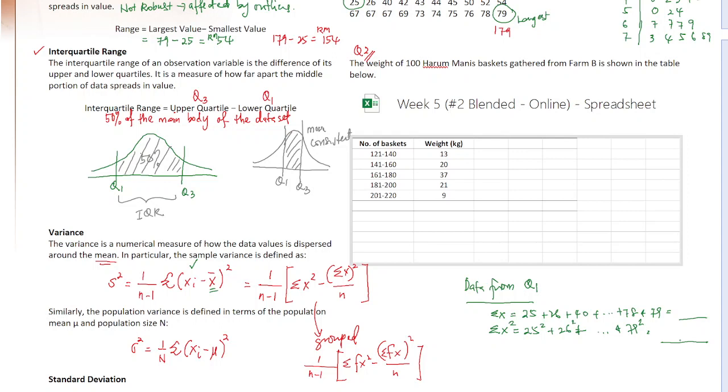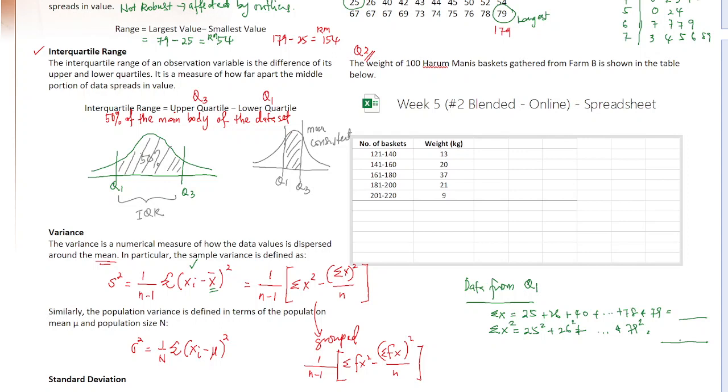You have 25 M plus, 26 M plus, and then 40, 42, 43, 44, 45, 50, 52, 54. And then the next one you have 67, repeated six times, and then 69.